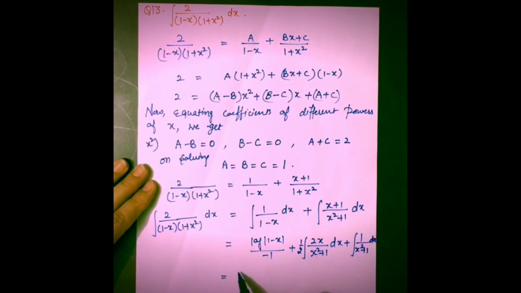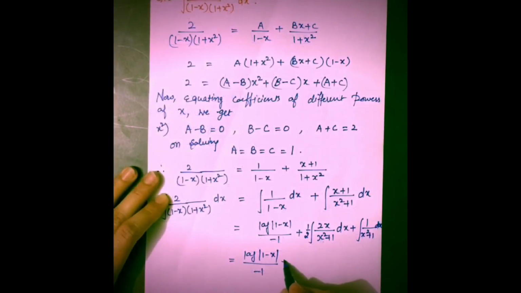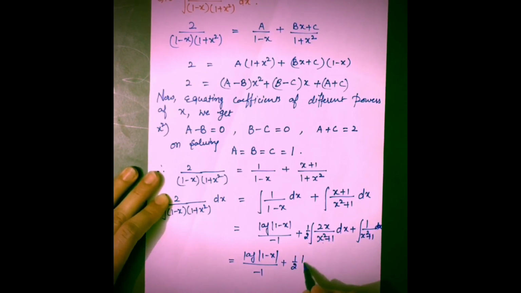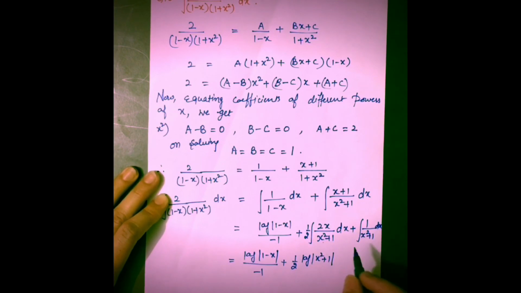This is equal to log of 1 minus x upon minus 1 plus 1 by 2 log of x square plus 1, because its derivative is in the numerator, and this has formula in tangent inverse, that is tangent inverse x plus c, where c is constant of integration.